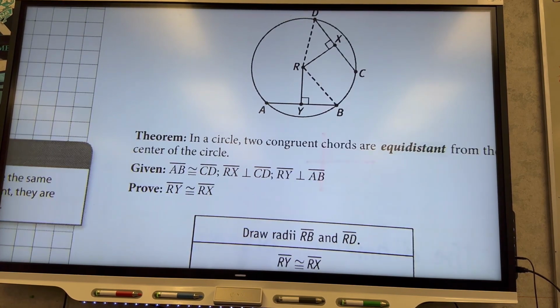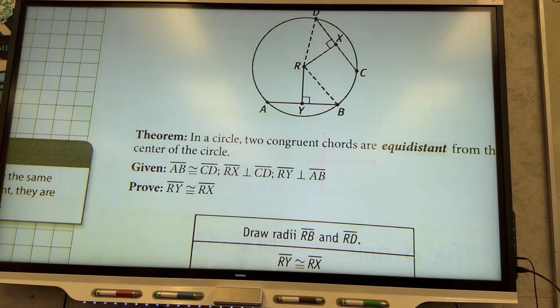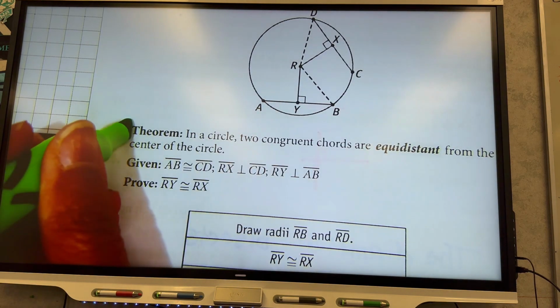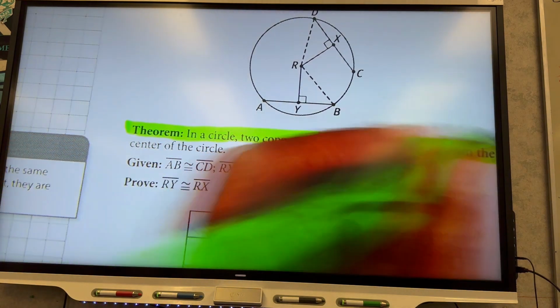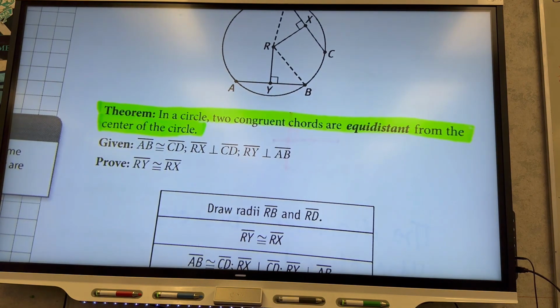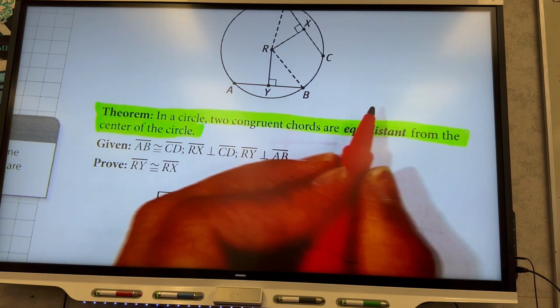So we've got this picture, and it says theorem. In a circle, two congruent chords are equidistant from the center of the circle. If you guys have a highlighter, I do want you to highlight this theorem because it is another tool that we can add to our toolbox. Something that we can use, more information. I also want you to circle the word equidistant.